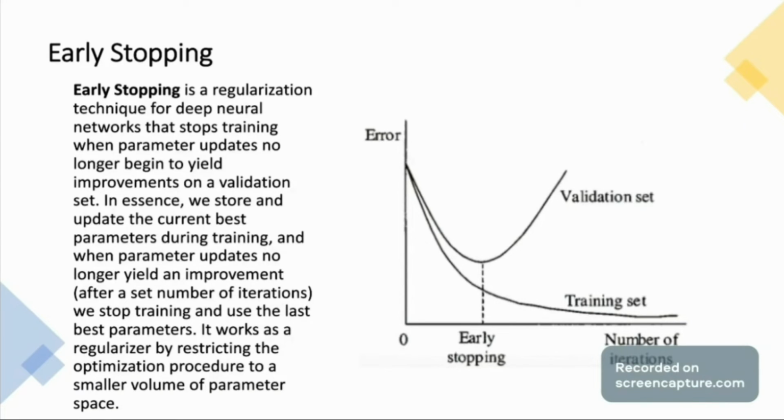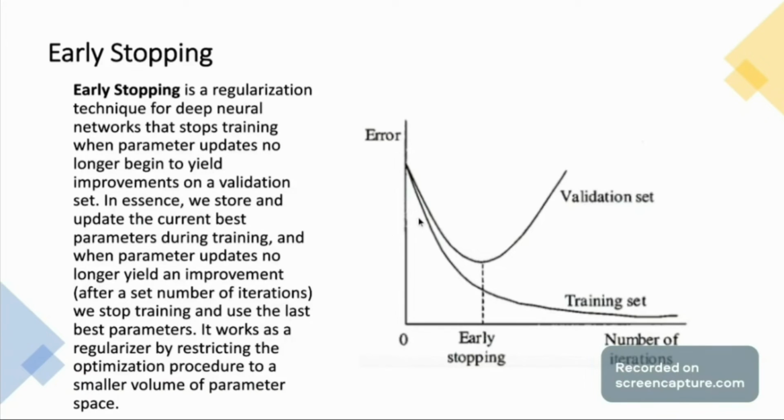Now let's look into the figure of early stopping. From the diagram, this curve shows the validation set and this shows the training set. From the training set, we have to figure out where to stop, and here we are not going to work with all the training set because we have to validate the training data set.